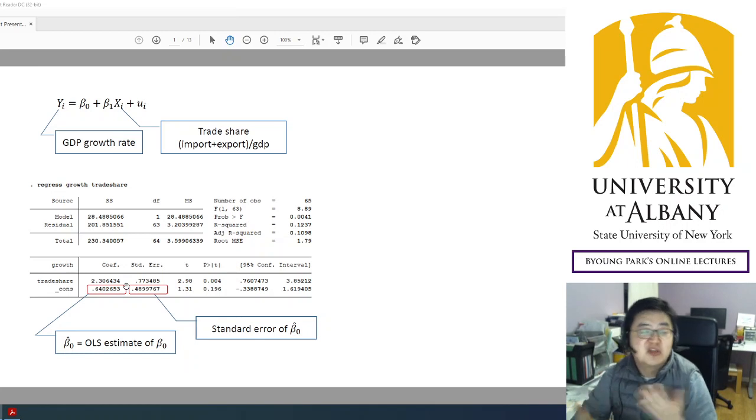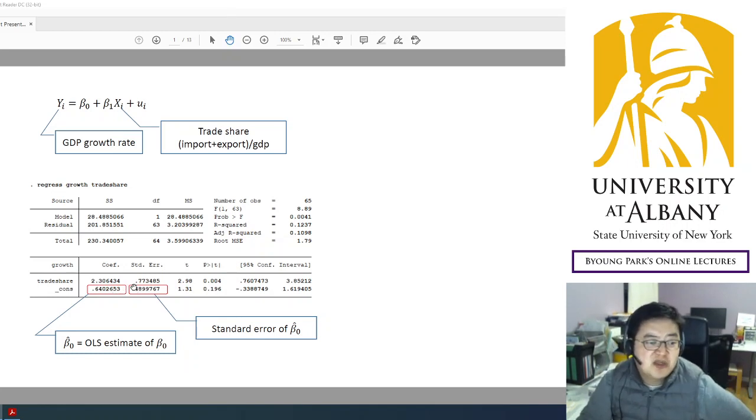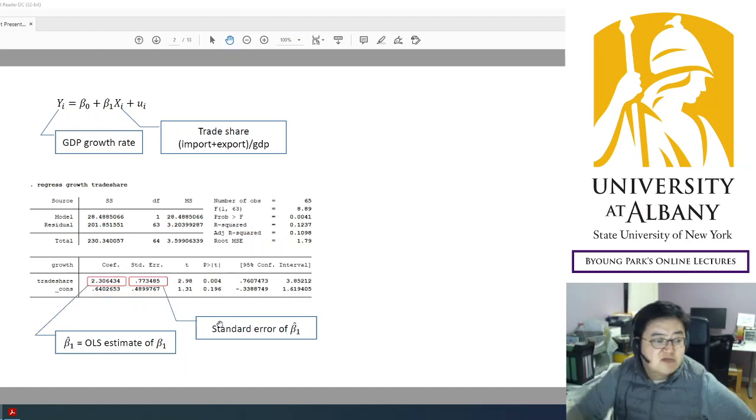That's how we interpret it, and the details of how we compare the size of the standard error to the results, or how we reflect the size of the error in interpreting the coefficient, will be discussed in chapter 5. For a while, just understand what standard error means.